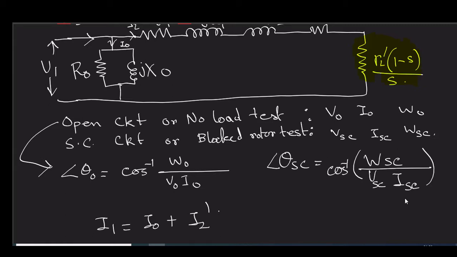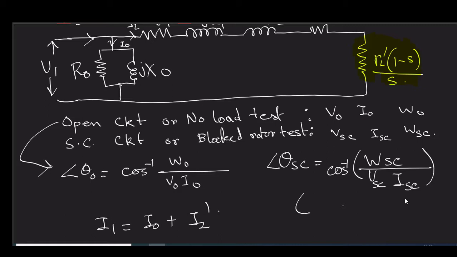Now try to understand one thing. Here we will assume that V0 and ISC both are at full load level only. It is not that ISC is what I told you when we first discussed the block rotor test, that we can increase the voltage till 125% of full load current flows through it.